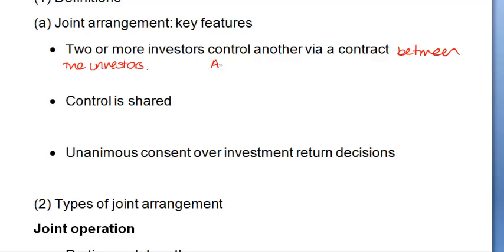So I could have A and B, each of whom have 50% of C. So control is shared.